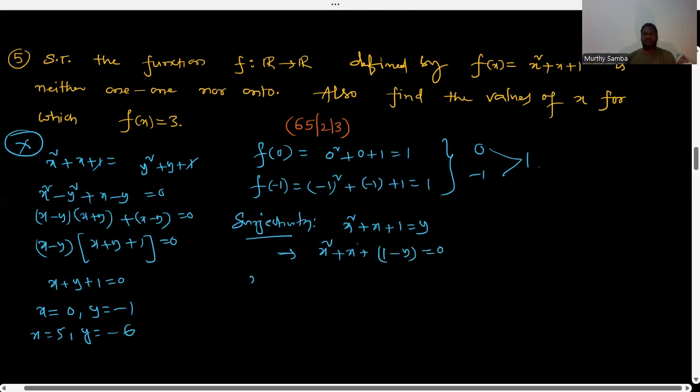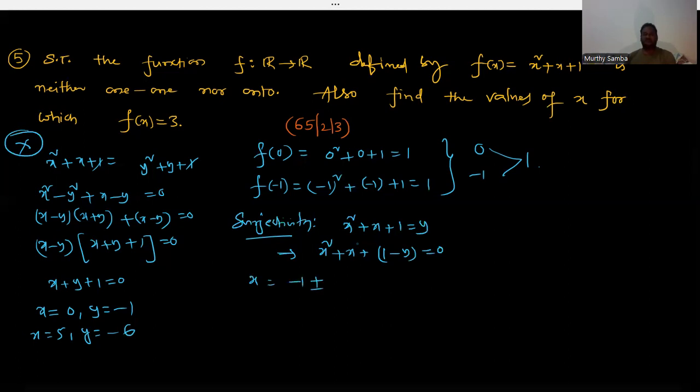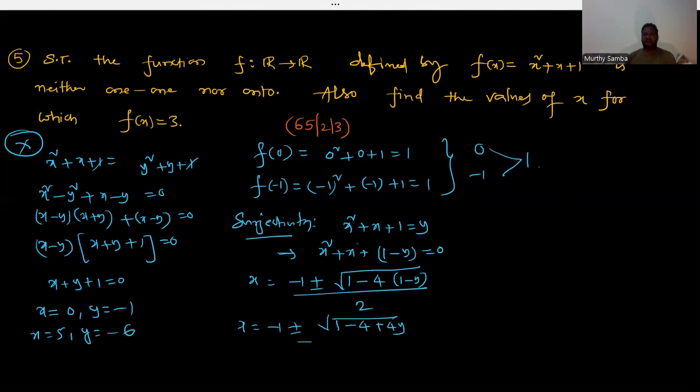So you can get the value of x is equal to minus 1 plus or minus root over b square minus 4ac, which is 1 minus 4 into 1 into 1 minus y, whole divided by 2a, which is 2 into 1 equal to 2. Therefore, x equal to minus 1 plus or minus root over 1 minus 4 into 1 is minus 4, minus of minus, plus 4 into y is 4y, whole divided by 2, right?